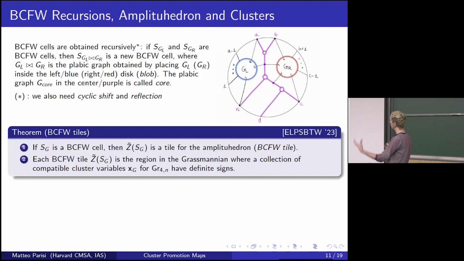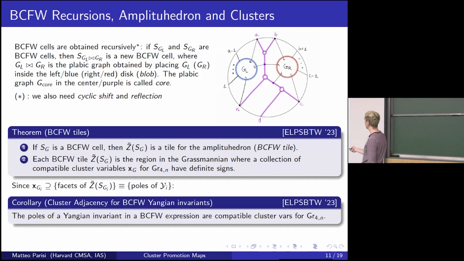So for each BCFW cell, there is a collection of compatible cluster variables that describes its image in the amplituhedron. And I just want to mention as a corollary, this also proves that the poles of Yangian invariants in any BCFW expression are compatible cluster variables. That was one part of the conjectures from early on.